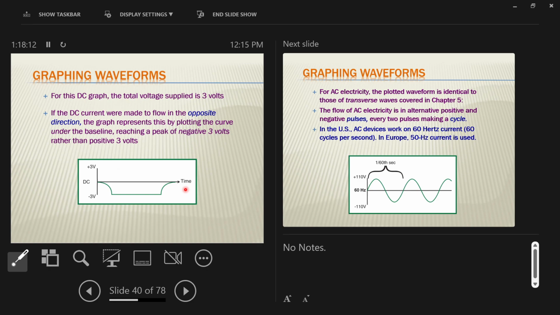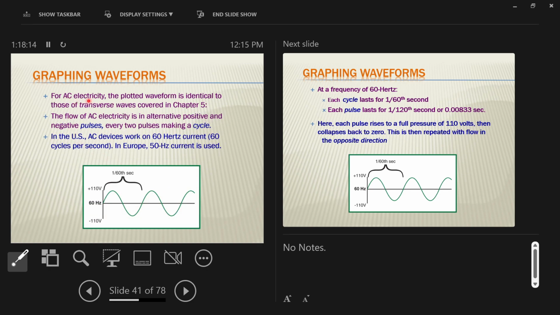So AC electricity. The waveform when plotted, ignore this really, if you weren't here for physics, just ignore that, okay? So the point about AC is that the electricity takes turns alternating direction: toward positive, toward negative, toward positive, toward negative, back and forth, right?